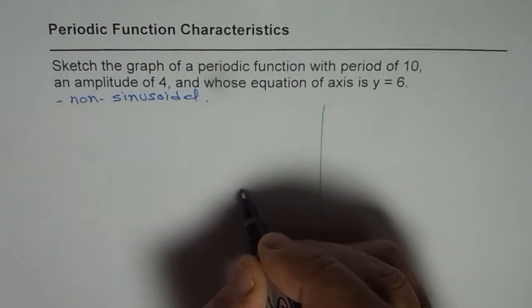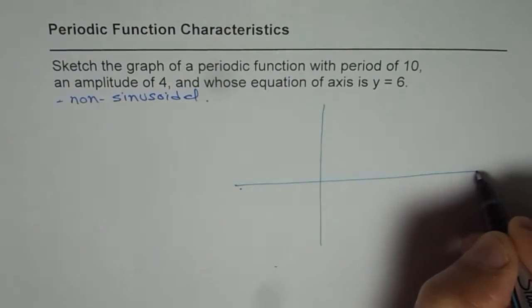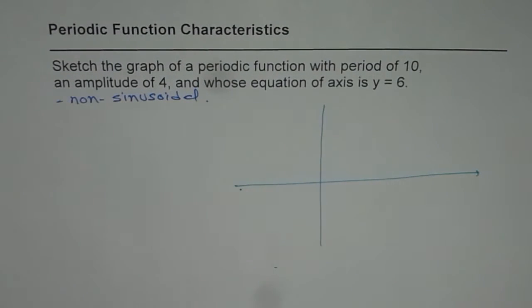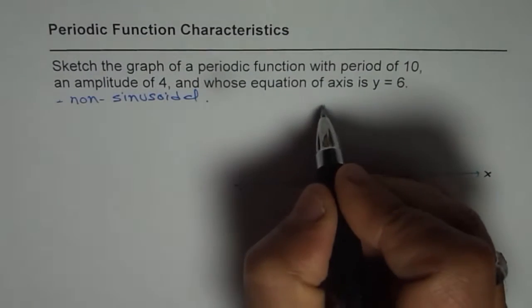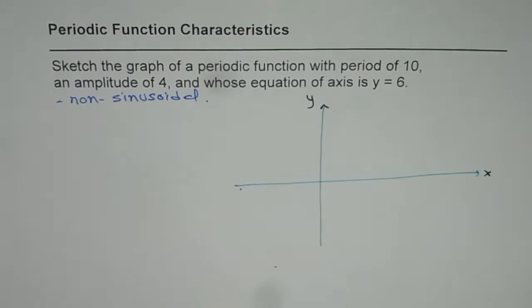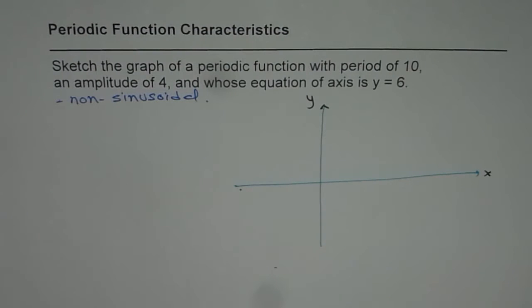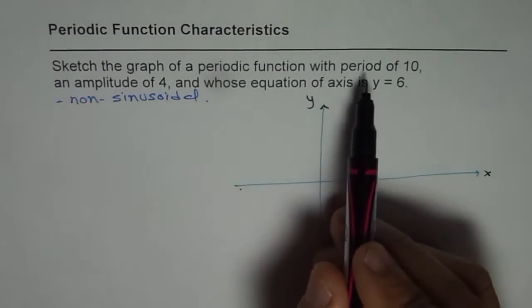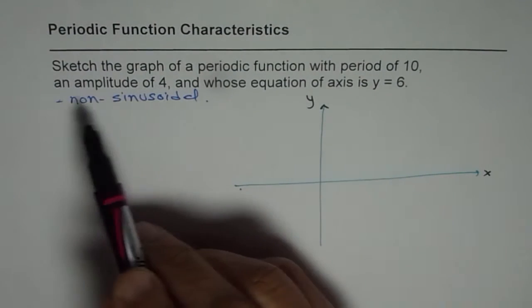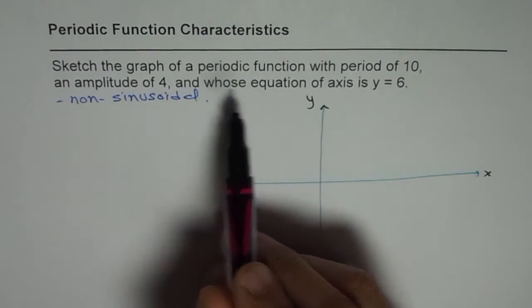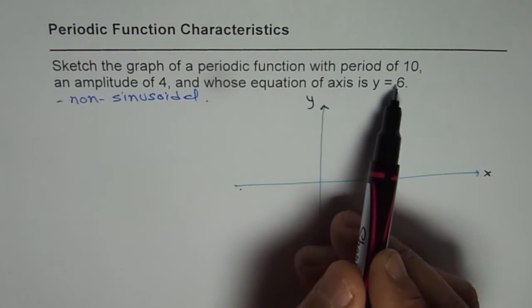So here what we know is that, let us say this is our x-axis, and that is the y-axis. Now the independent variable here is x, the dependent is y. We need to sketch the graph of a periodic function with period of 10, amplitude 4, and equation of axis as y equals 6.